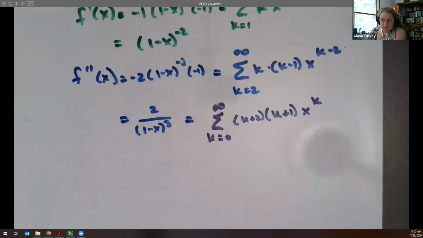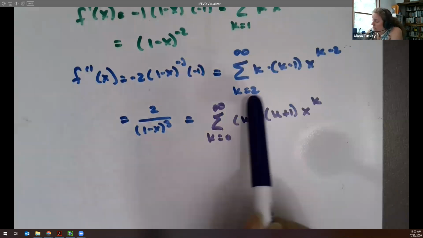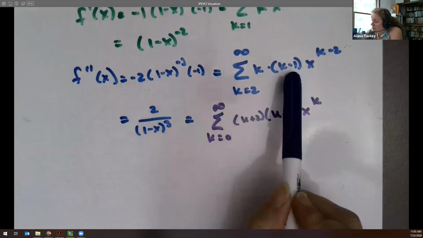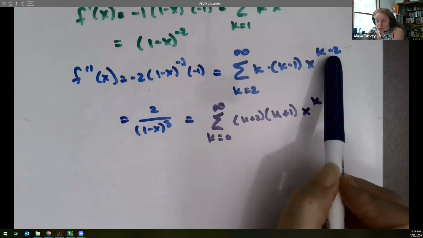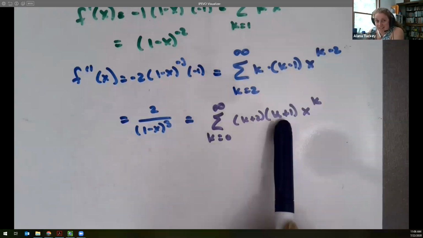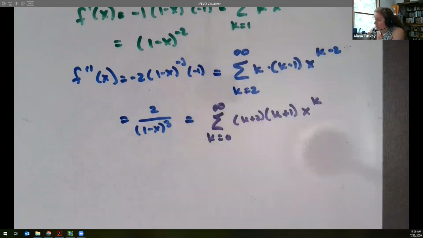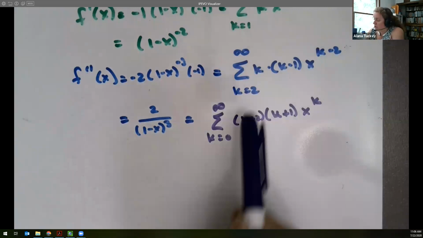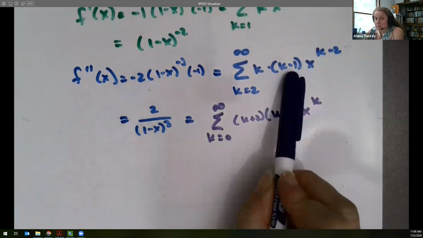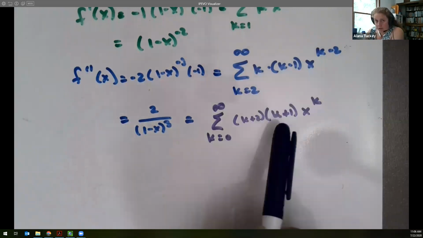Take a moment and realize what I did, right? It'll work. Put in a number in your head. What will it be? 2. 2 times 1, x to the 0. What will this be? 2 times 1, x to the 0. See? It works. I've shifted everything by 2, right? I added 2. So instead of k, it becomes k plus 2. Instead of k minus 1, it's k plus 2 minus 1, which is k plus 1.